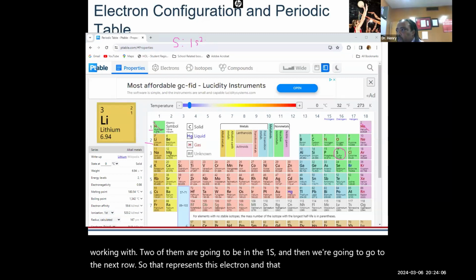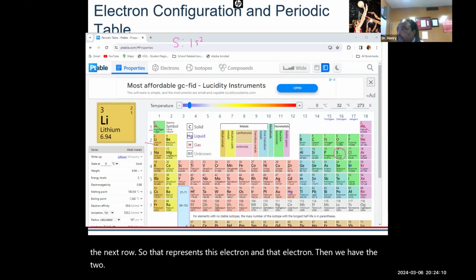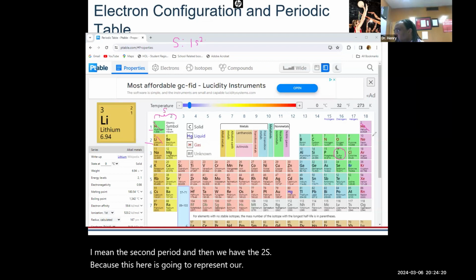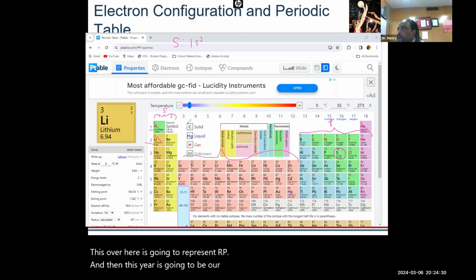Then we have the second period, and then we have the 2s. This here is going to represent our S. Here is going to be D. That's what we're going to worry about right now.